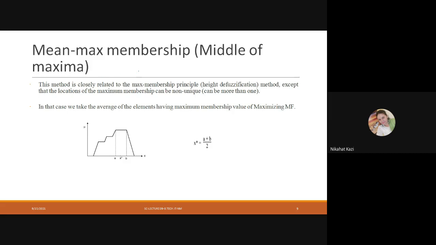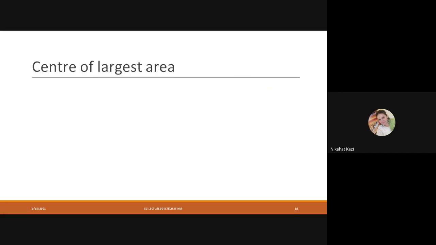Now, what you need to do is simply take the average of these two values, right? So it is a plus b divided by 2. Okay, so you look at the lowest value here, you look at the highest value here. That means on the x-axis, you look at the lowest value here, you look at the highest value here, take the average of that. That is nothing but the mean of max. So this is yet another method that you have.